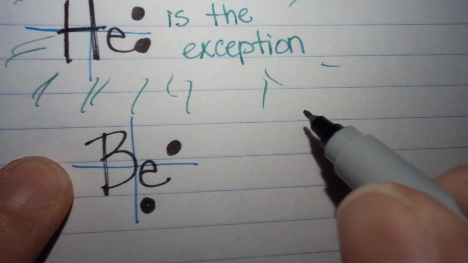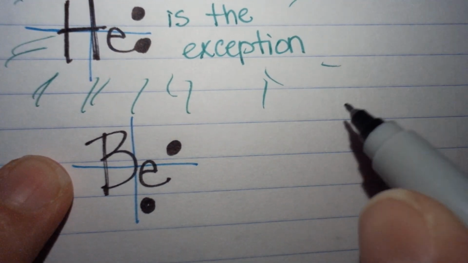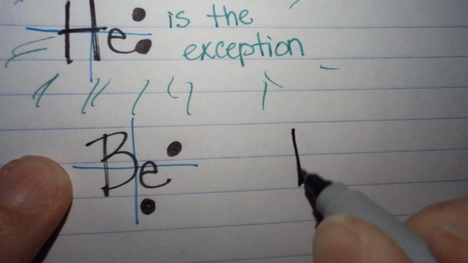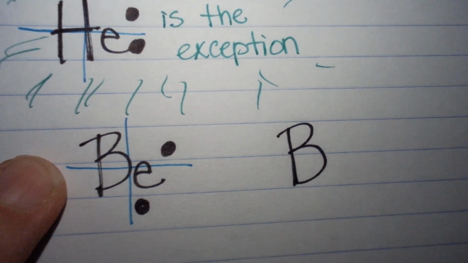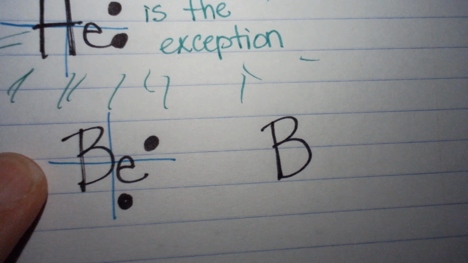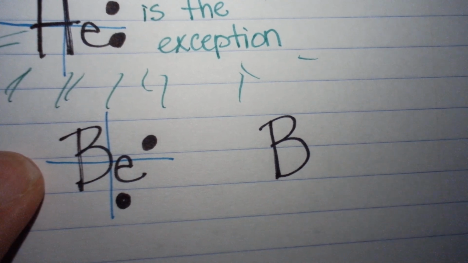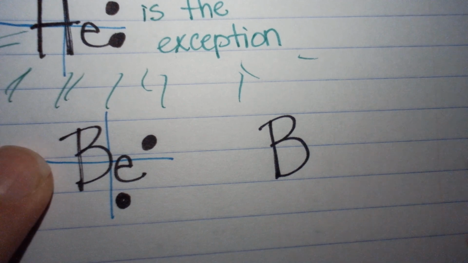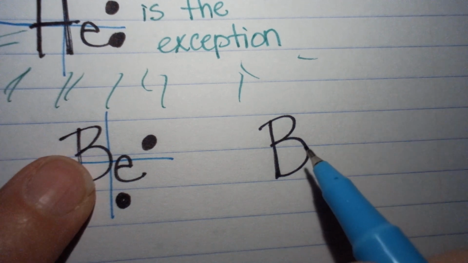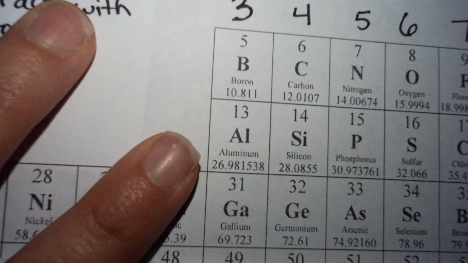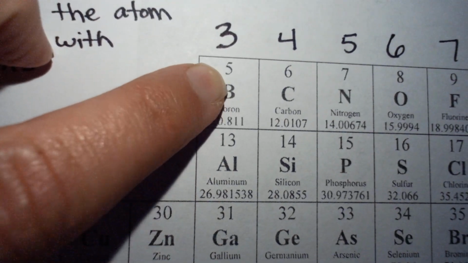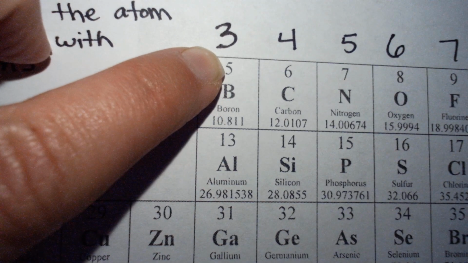If we look at number 5, in group 3, boron, how many valence electrons does boron have? Show me on your fingers, guys, because I can't hear you whispering. Yep, we have 3 valence electrons for boron, because boron's atomic number is 5, so we have 5 protons.